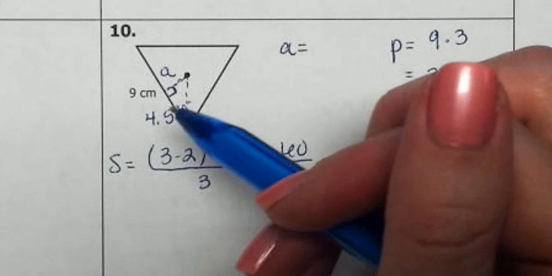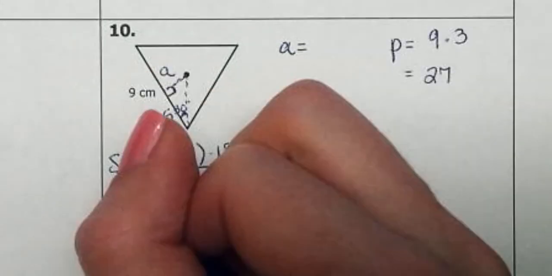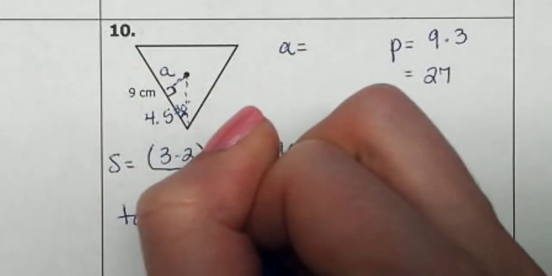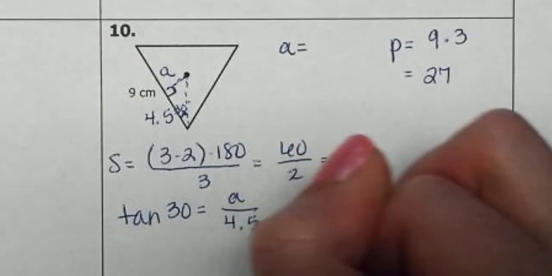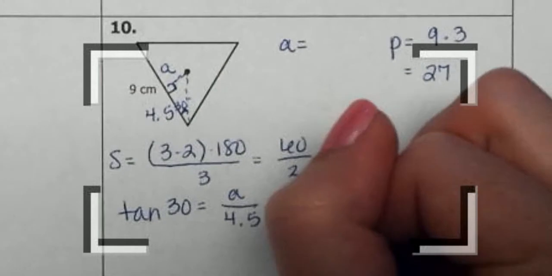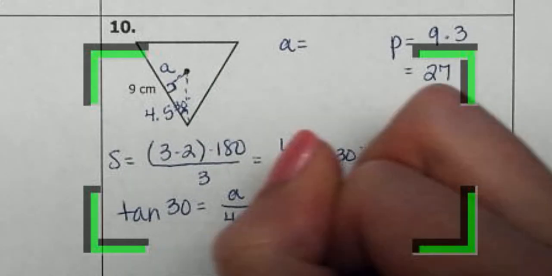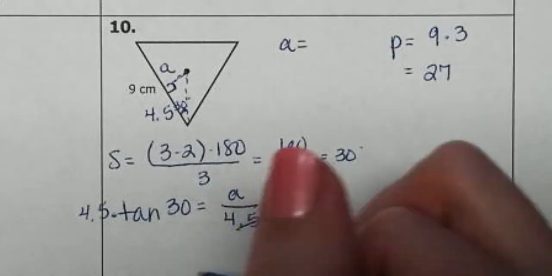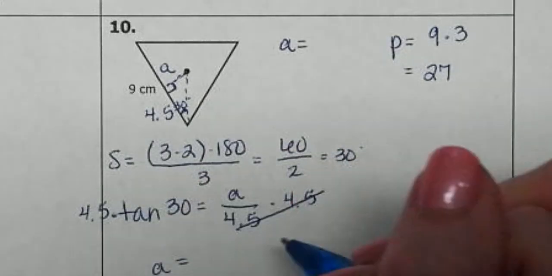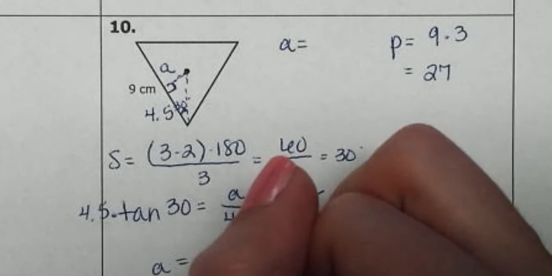Next to is the adjacent, so I'm going to use tangent. I've got to multiply by 4.5 to get rid of it. And then if you plug that in, you get 2.6 for the apothem.